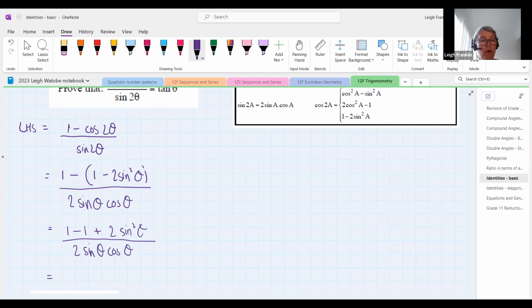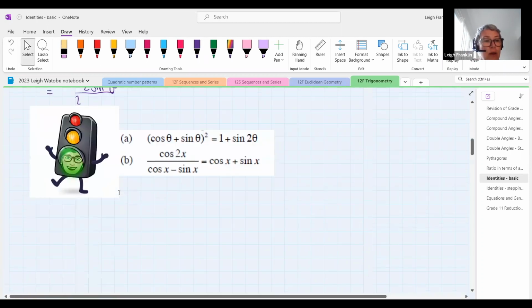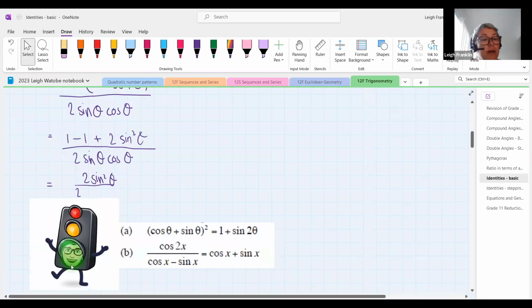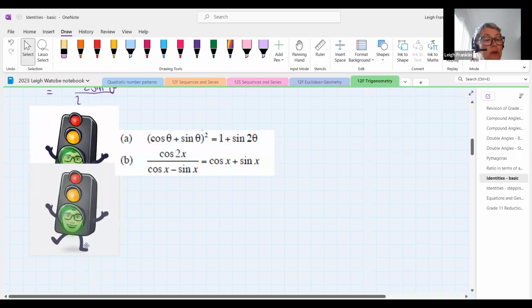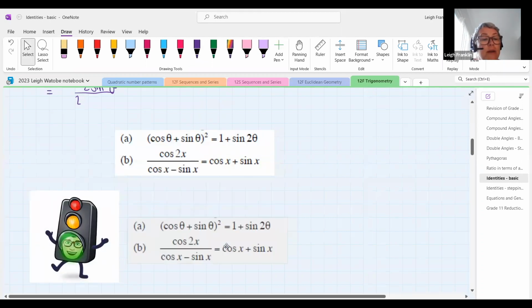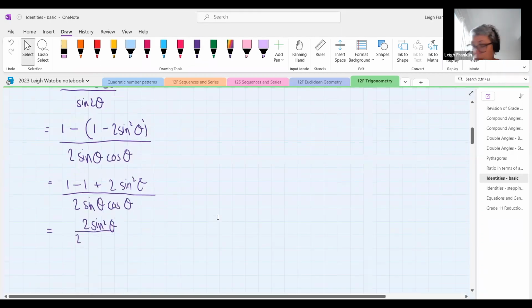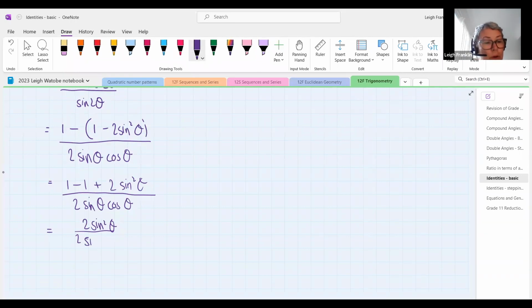The 1 minus the 1 cancels out, and I am left with 2 sine squared theta over 2 sine theta cos theta. Sorry, I'm trying to write small because I always use far more space than I think I'm going to.